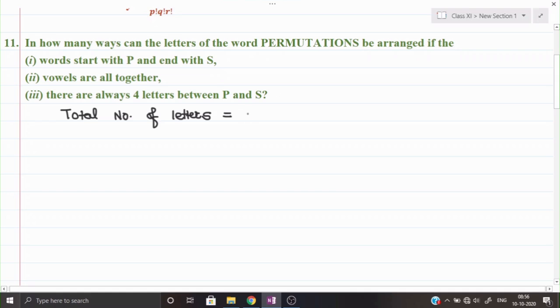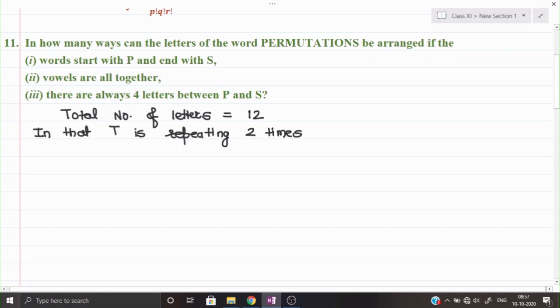I think the total number of letters is 12. In that, T is repeating 2 times. Only T is repeating, right? You can observe no other letter is repeating more than once. T is repeating 2 times, that we have mentioned.